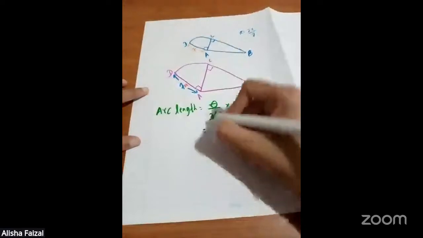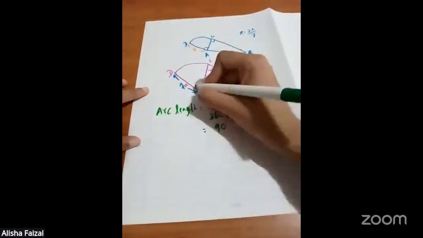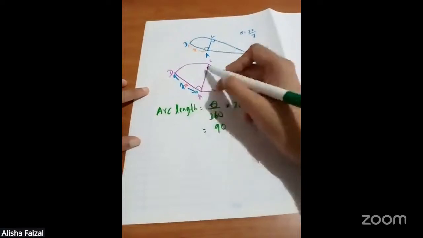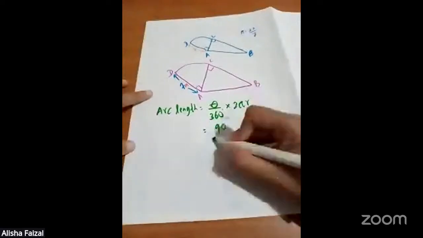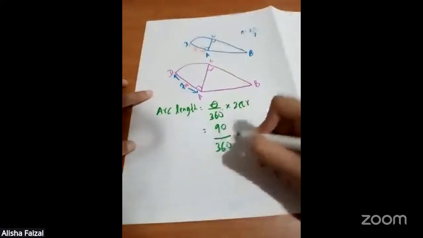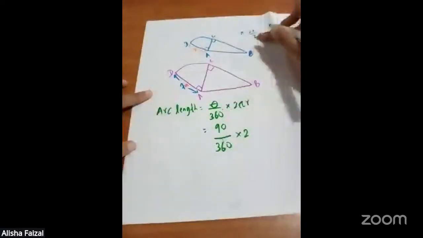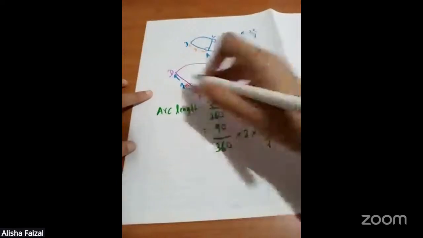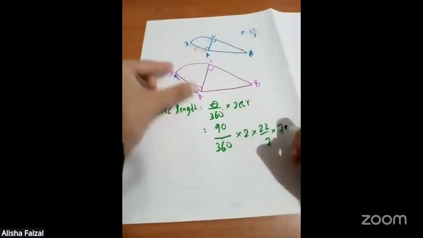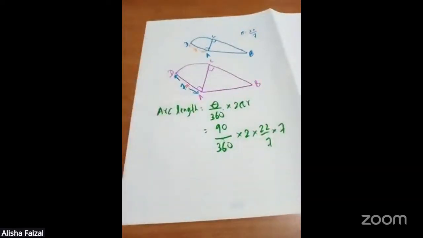Theta is equal to 90 in this case. If there's a right-angled piece, that means it is 90. So 90 over 360 multiplied by 2, pi is equal to 22 over 7, and r is the radius, which is 7.